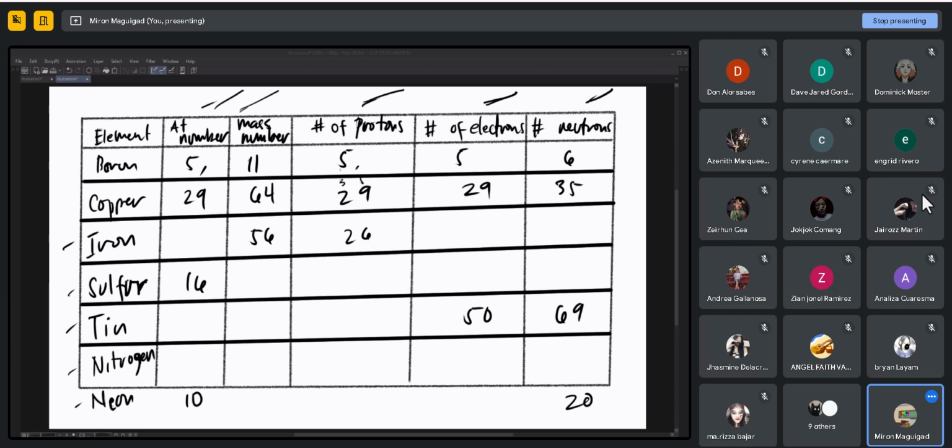Last one. Okay, basta after ng 1 minute, we'll be checking the remaining elements. Thank you.